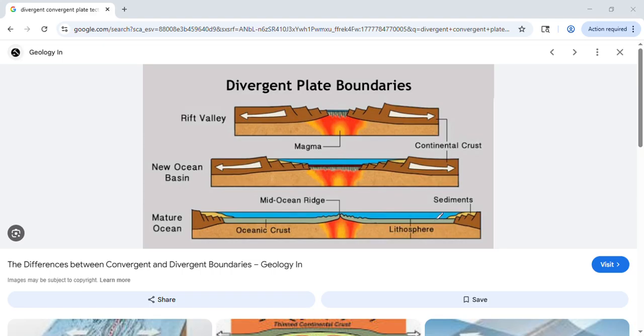Next question: explain the convection current theory.